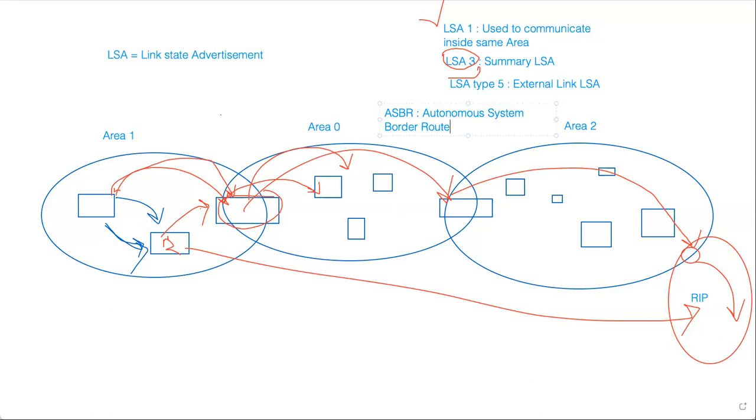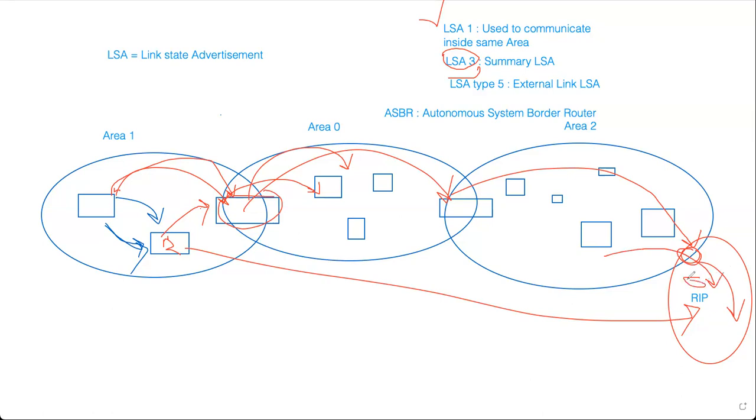Someone did their homework, right? Okay. Autonomous system border router, meaning there is a routing protocol that is connected outside of the OSPF, and that ASBR is saying that, okay, to reach that RIP protocol, you have to pass through the ASBR.